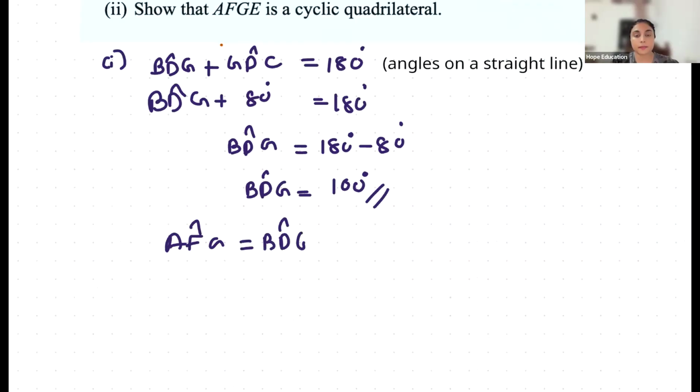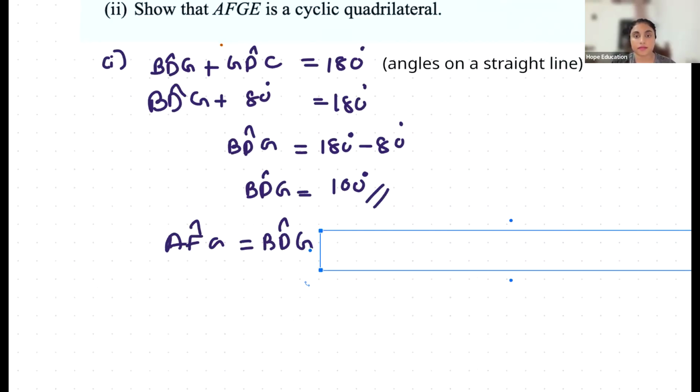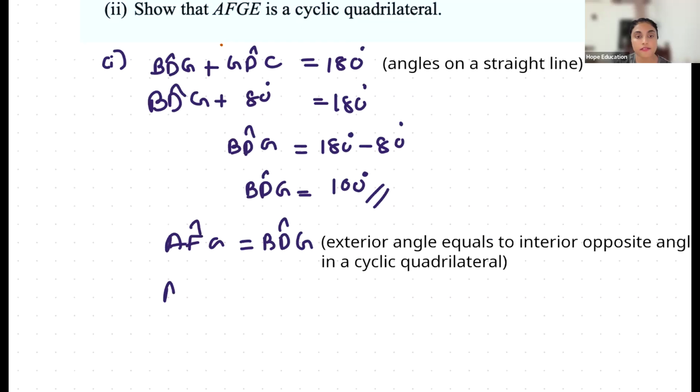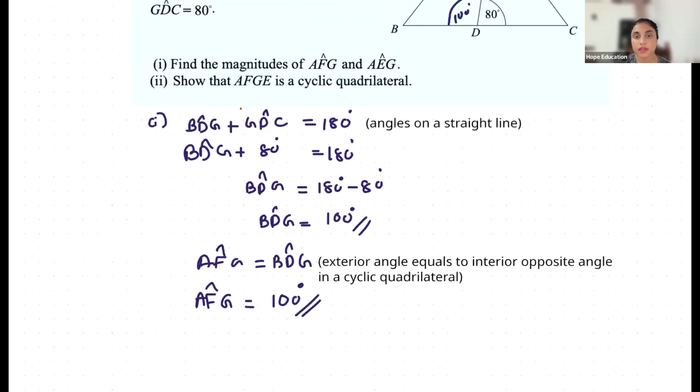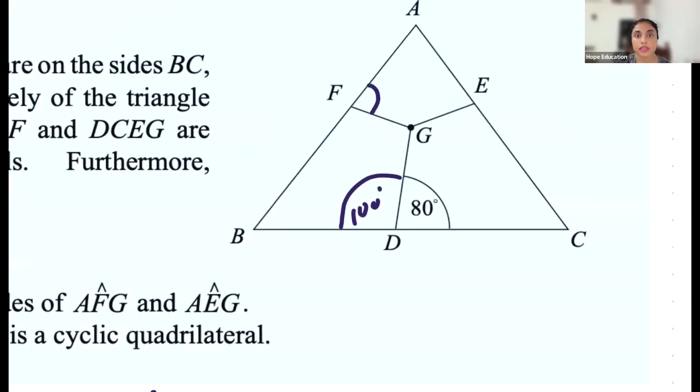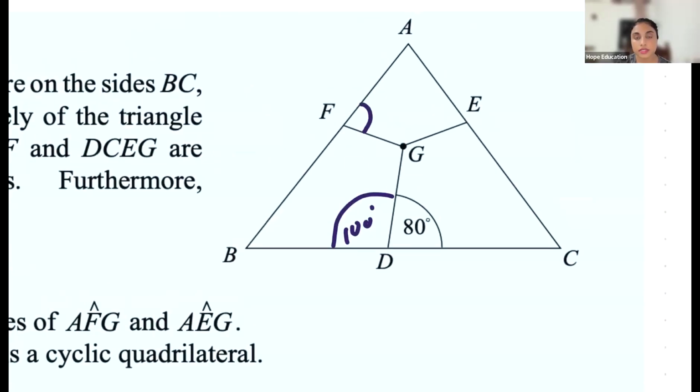Reason is exterior angle equals interior opposite angle in a cyclic quadrilateral. So AFG equals, now BDG is 100, so AFG is equal to 100. Is it clear? Did you all get this? So this is 100.